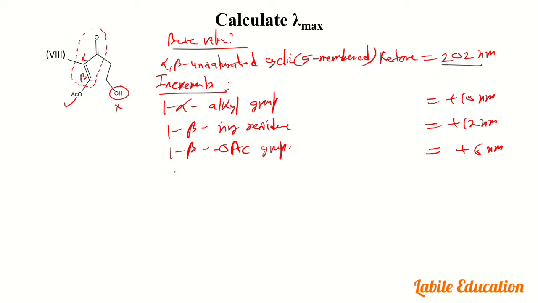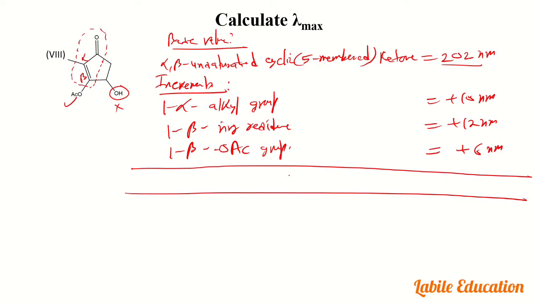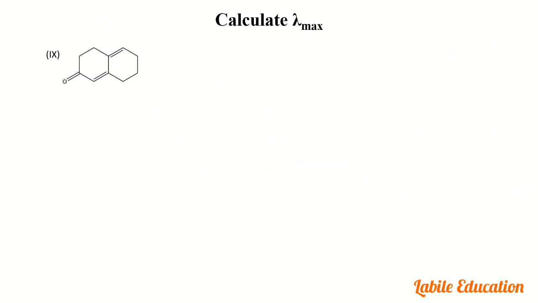There is nothing else, no extra conjugation, no exocyclic double bond, so we can sum them up. Lambda max calculated in ethanol will be 202 plus 10 plus 18, 230 nanometer.